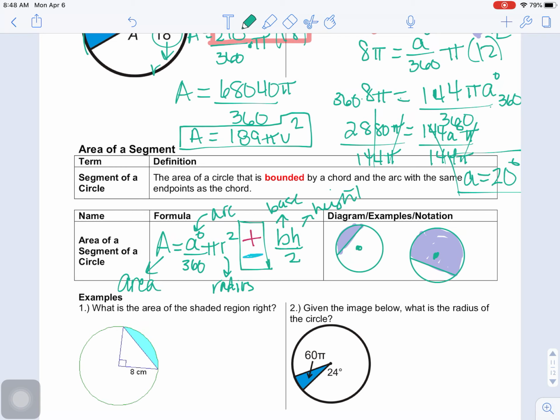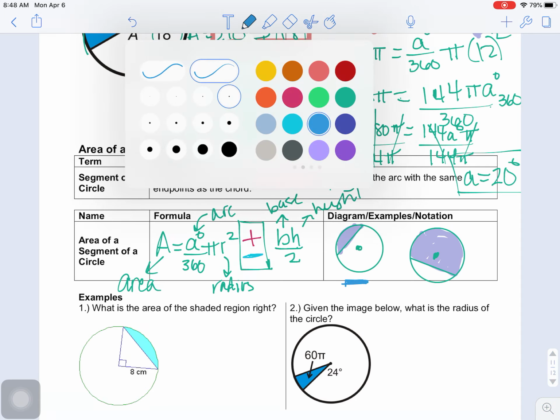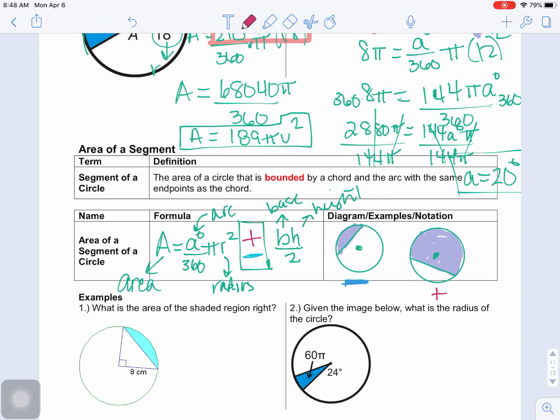If the segment that we're looking at is small in this scenario, we're going to be subtracting the area of a triangle. Whereas in this scenario here, we're adding on the area of the triangle. So be careful with that as you analyze some things.